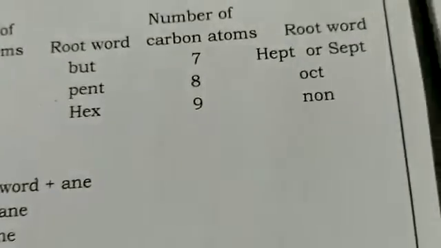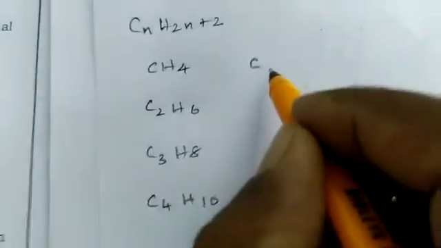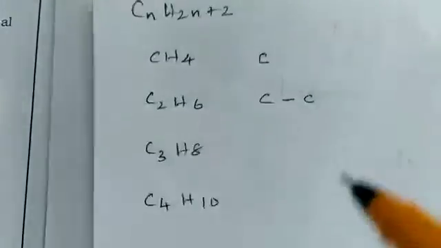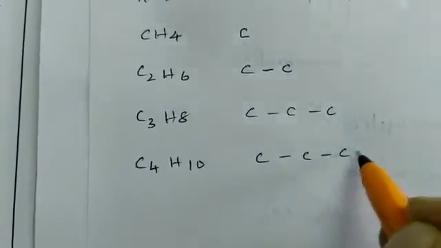So how do we satisfy the carbon atom's valency? By using hydrogen. So 1 carbon here, 2 carbon atoms here, 3 carbon atoms here, 1, 2, 3, 4. When we consider 4 carbons, 2 structures are possible: one is linear chain, another one is branched chain. So CH4.